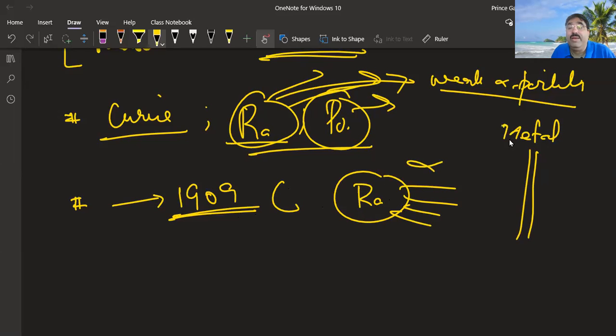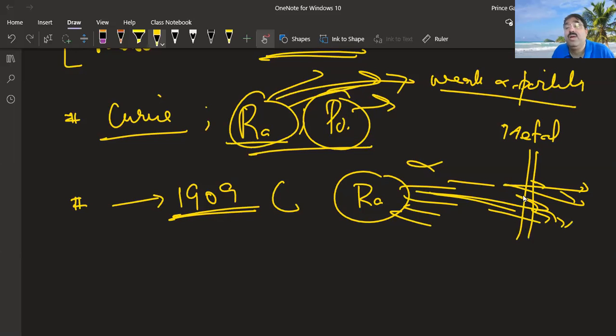They could take very thin sheets of gold and see the effect of these alpha particles, and try to see how many particles are getting through or if there are any deviations. This is how Rutherford's experiment was set up, and Geiger and Marsden were the two people involved in this job.